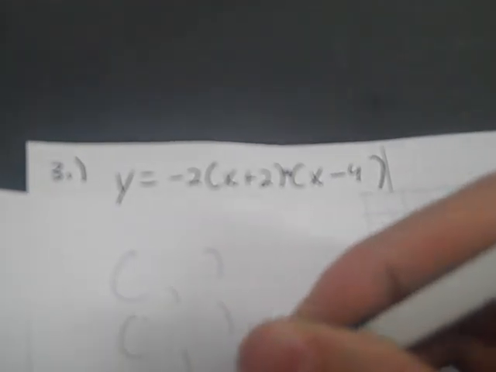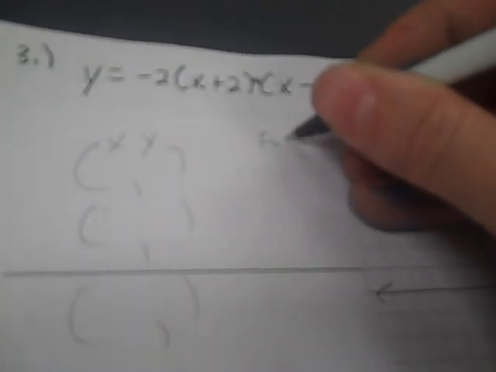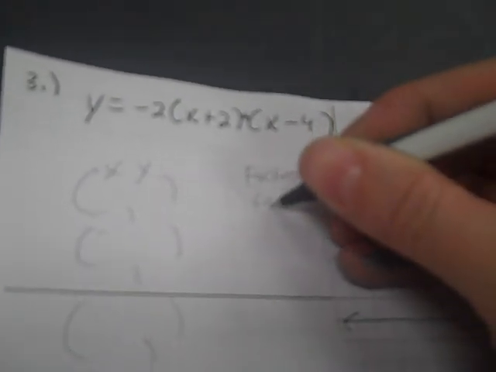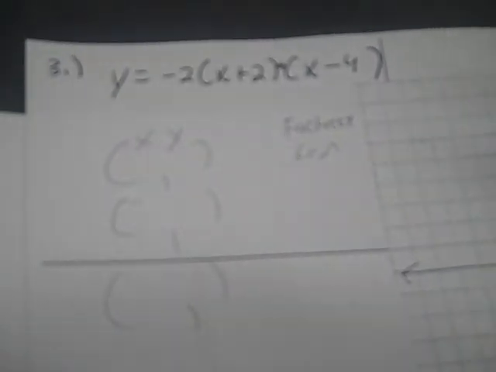Okay, number 3. You got a product of 2 x's, means it's a parabola. All right, this is factored form. In factored form, we find the vertex is the third point I need to find.